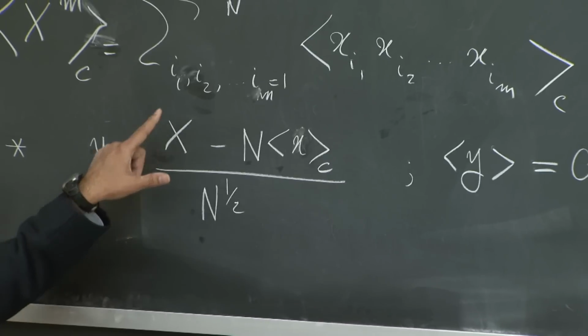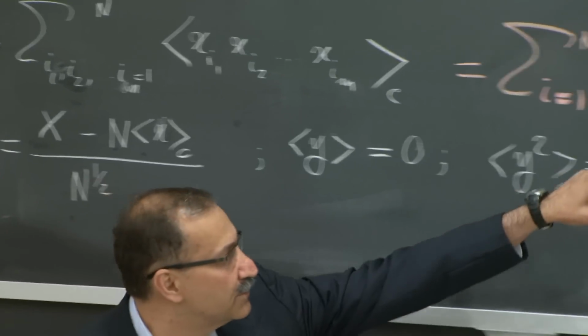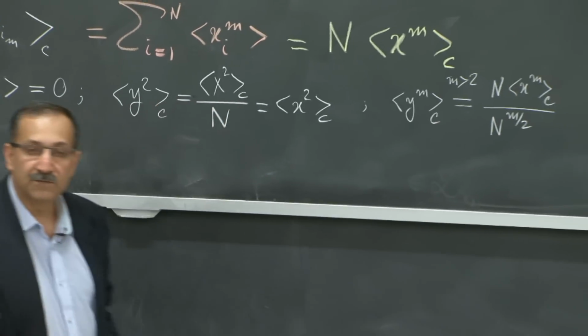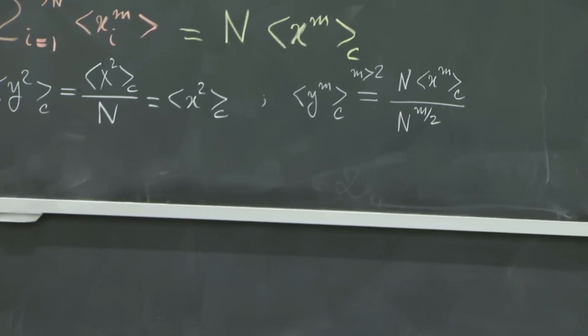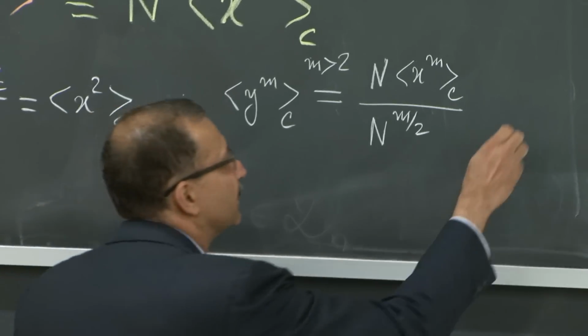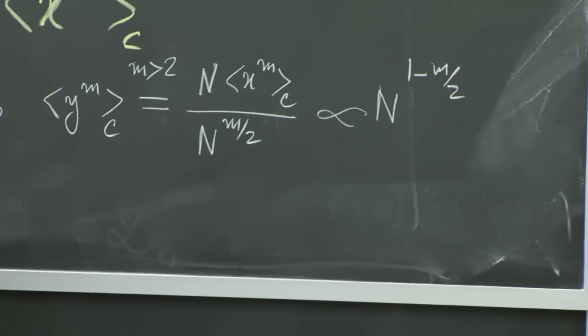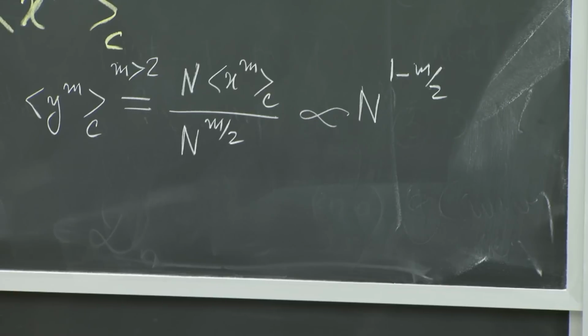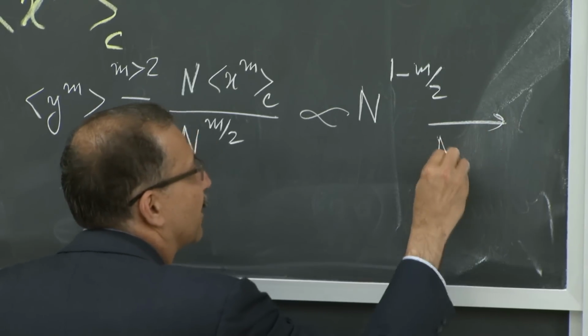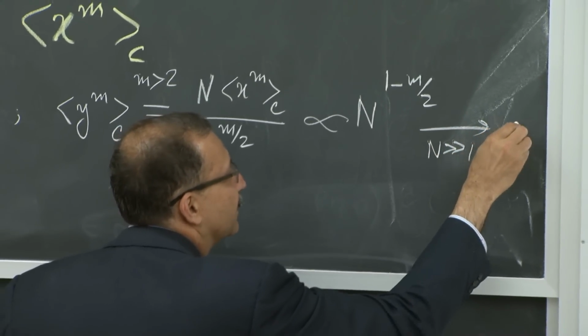And x to the mc, according to this, is n times x1. Okay? Now we see that this is something that is proportional to n to the power of 1 minus m over 2. And since I chose m to be greater than 2, in the limit that n becomes much, much larger than 1, this goes to 0.